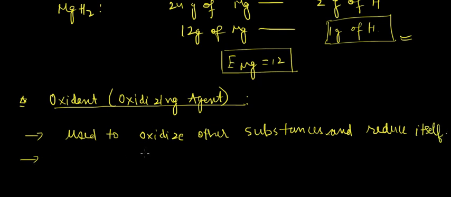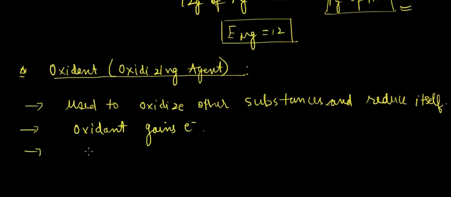Another point about an oxidant is that it gains electrons during the course of the reaction. Next, reduction of the oxidant takes place.